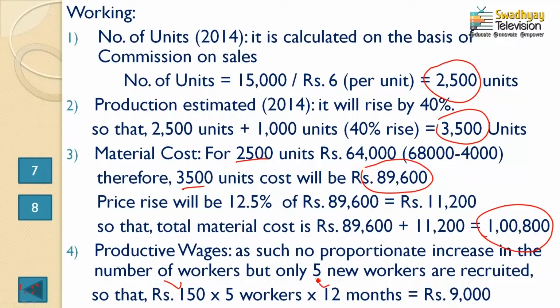That means the productive wages change in 2014 by 9,000 rupees. 36,000 was incurred in 2013 and 9,000 more is due to the 5 new workers recruited, so the productive wages in 2014 would be 36,000 plus 9,000 rupees.